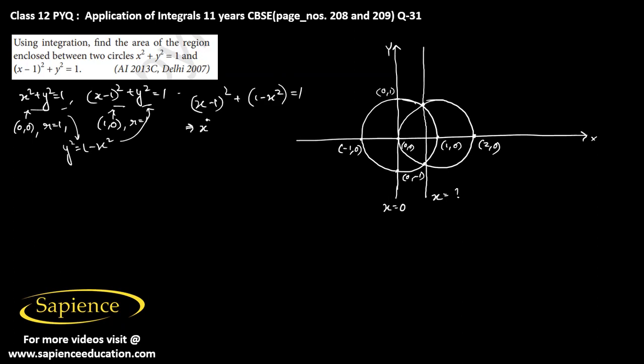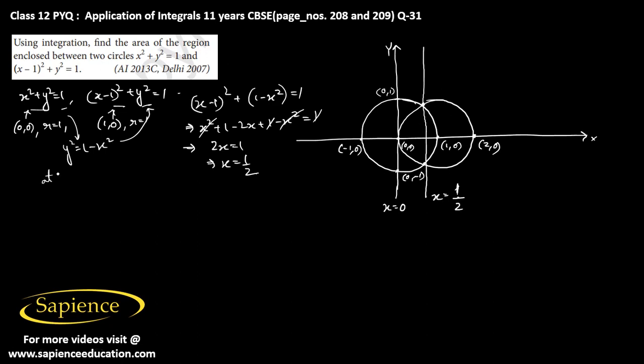So we will get x square plus 1 minus 2x plus 1 minus x square equal to 1. So x square will get cancelled and 1 also will get cancelled. So we will get 2x equals to 1. So x will be equal to half. So the x coordinate will be half at which the two circles will intersect.